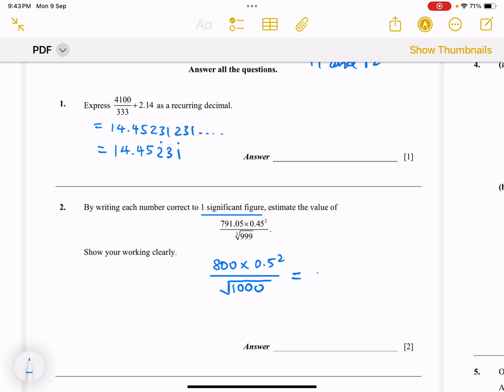The next sum is on algebra. First we have to sum these two numbers, 3x, sum means plus, and subtracted by x minus 3. And this is equivalent to 1/4 x. That means 1/4 x equal to this.